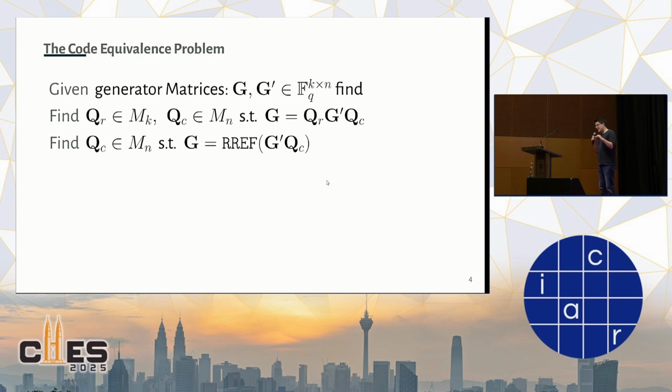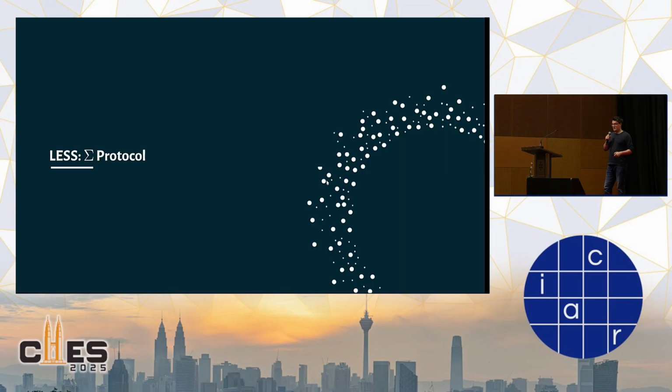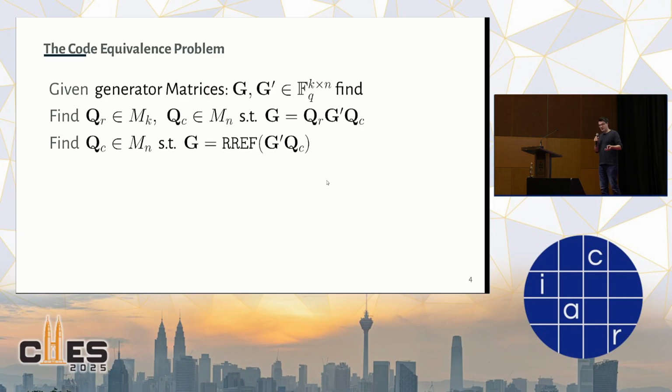I will slightly reformulate this problem such that the goal is to find a column permutation and a column scaling Q_C, such that G is equivalent to the Gaussian elimination of G prime times Q_C. With this row reduced echelon form function shown here, I just want to say I apply the Gaussian elimination. This linear equivalence problem has actually been around for quite some time, over 30 years.